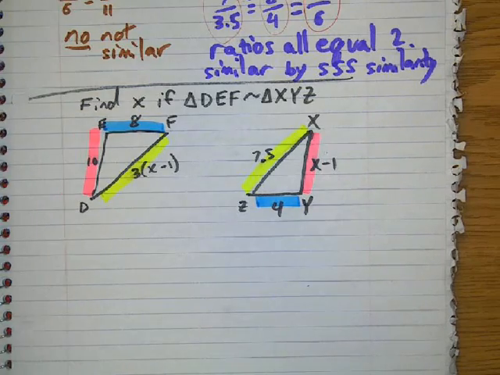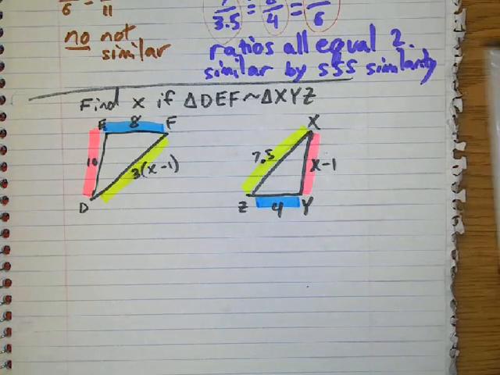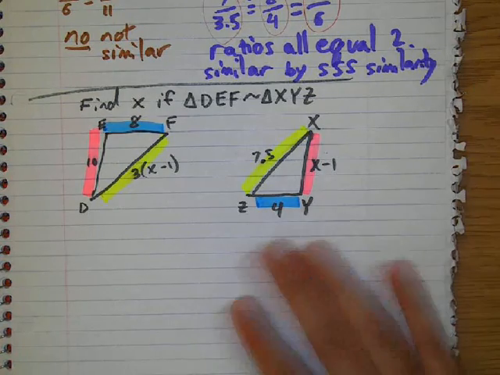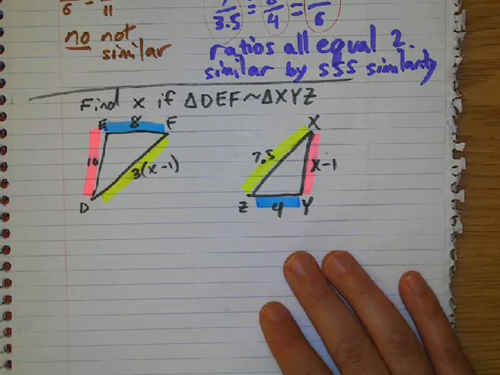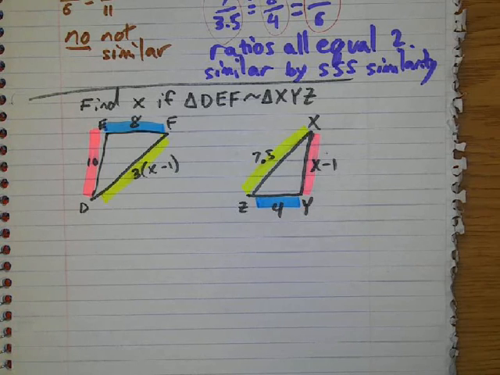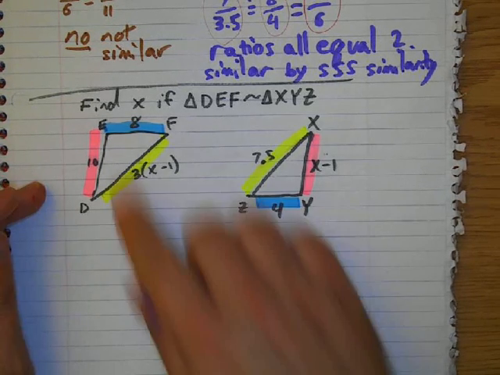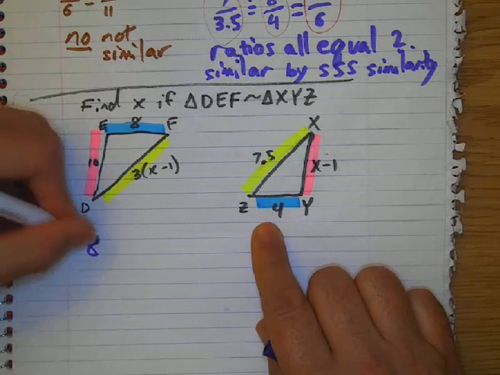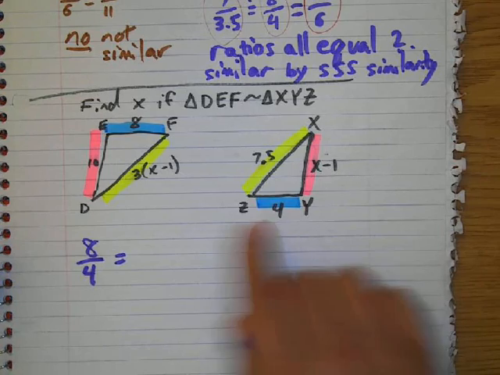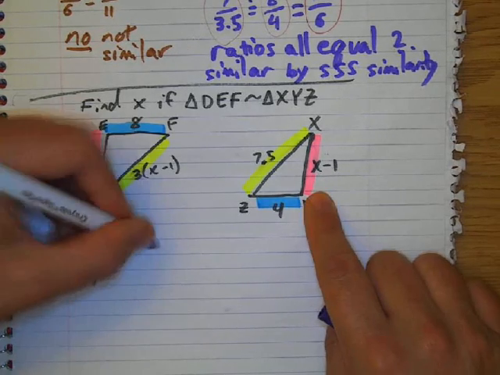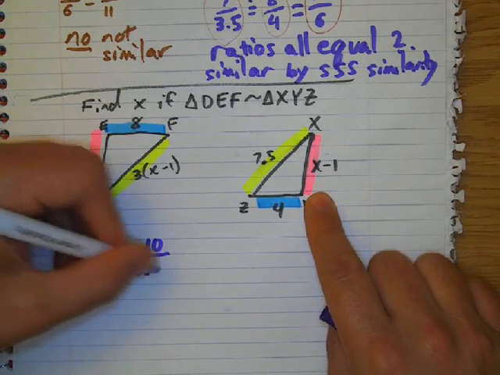So I could set up the ratios anyway, since the variable is x. So let's set up the ratios with 8 over 4 equals 10 over x minus 1.